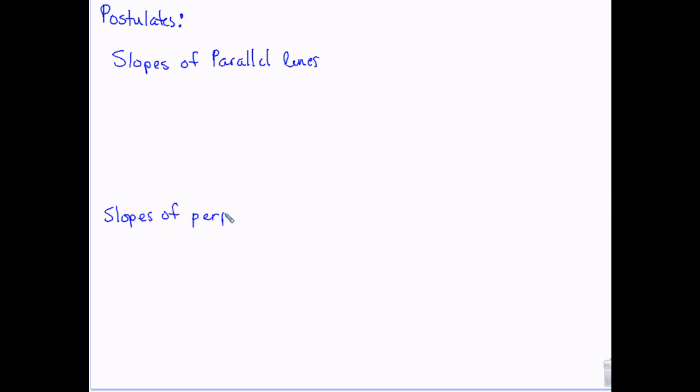We have some slope postulates. We have one about parallel lines, and we have perpendicular lines. The slopes of parallel lines are identical.